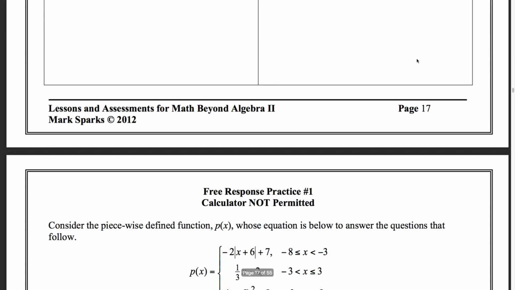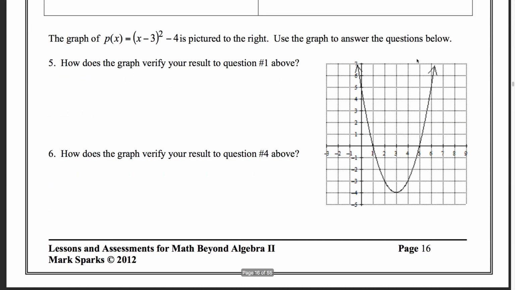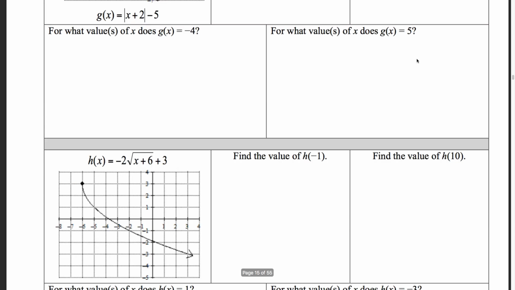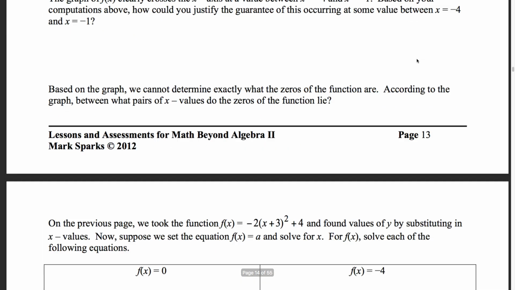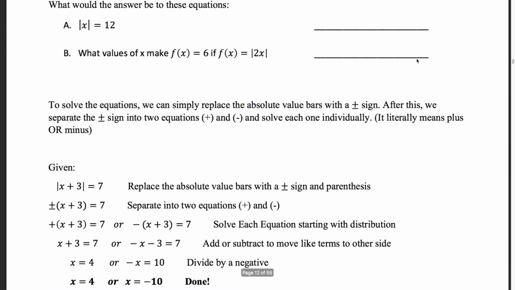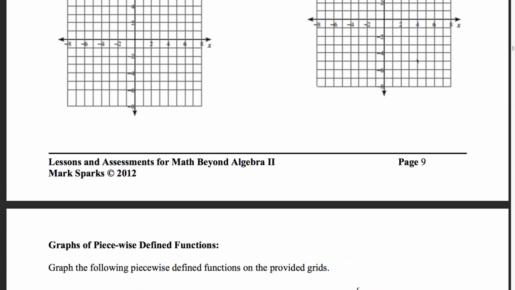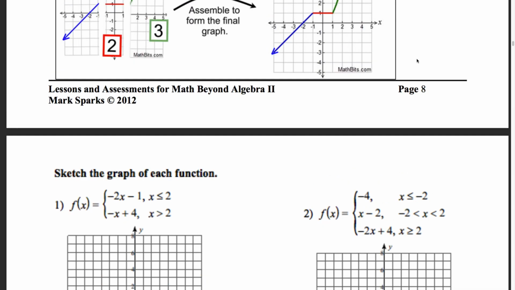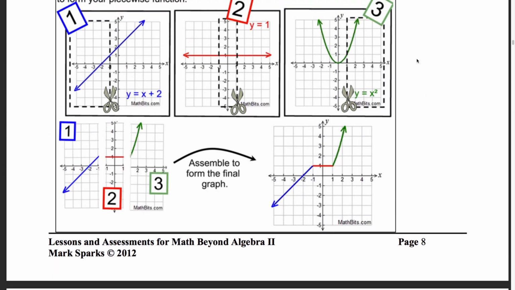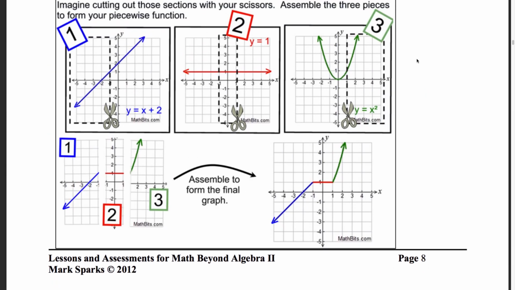Imagine three different parent functions, and you cut the parent functions into pieces and piece them together to make a new one. There it is, right? You cut the three into pieces, but you piece them together down here to make the new final graph.